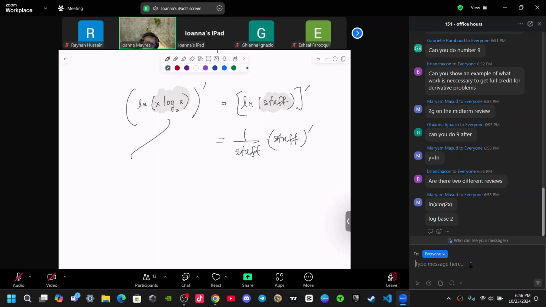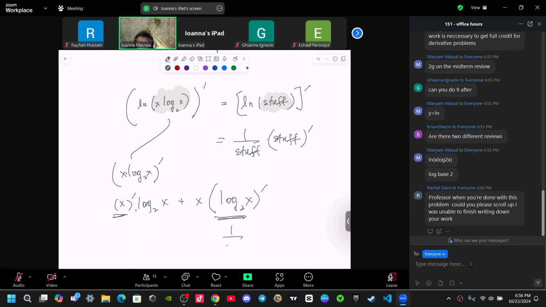So you really need to go on the side and figure out what the derivative of this is. If it is a product, its derivative will be the derivative of the first times the second, plus the first times the derivative of the second. This derivative is obvious, and this one is almost obvious, so you need to know the derivative of natural log. Then you plug in everything and don't forget the parentheses.